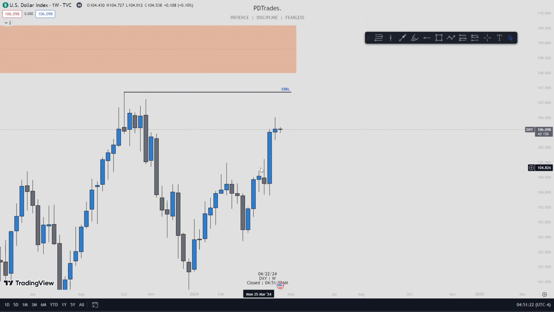Narrative is all about where the price is trying to go, because if you can find where price is trying to go, it gives you an advantage and a head start.